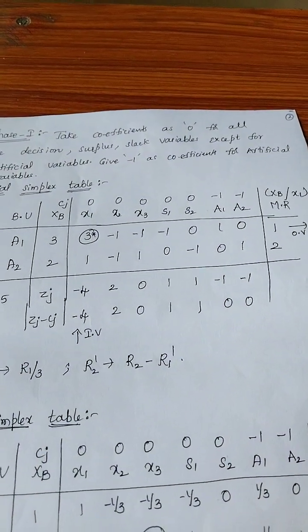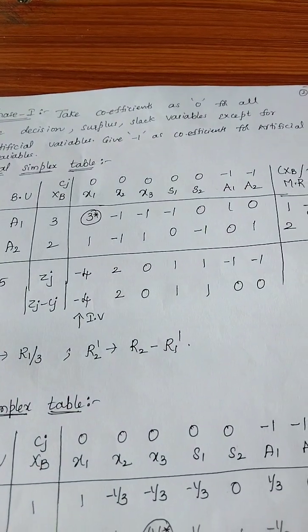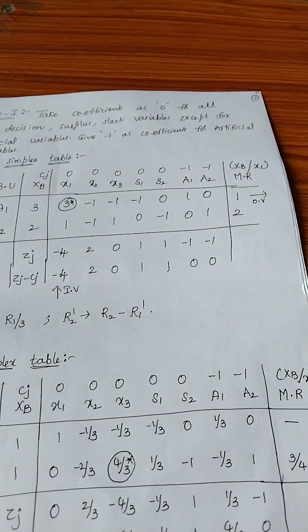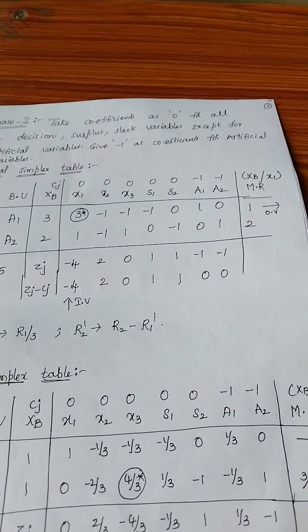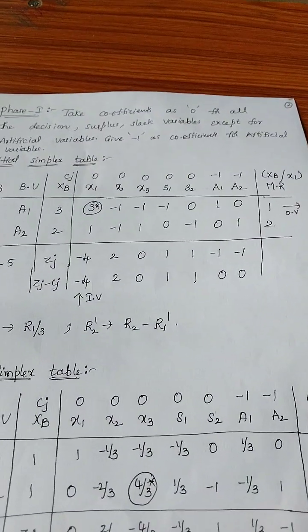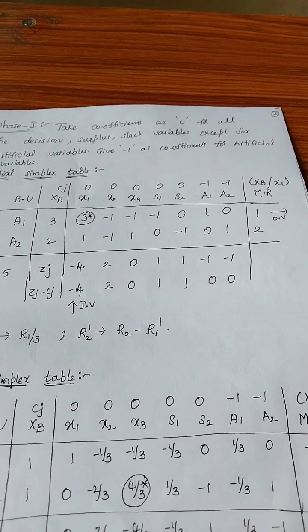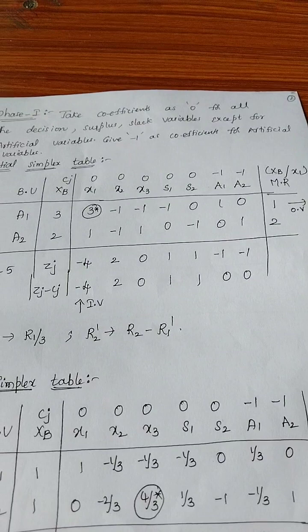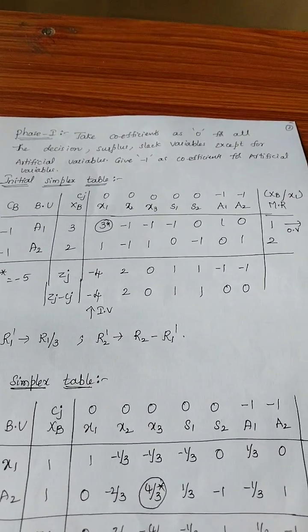In the big-M method, if artificial variables are outgoing variables, as in the previous problem which I have already explained, you have to drop that variable from the simplex table.